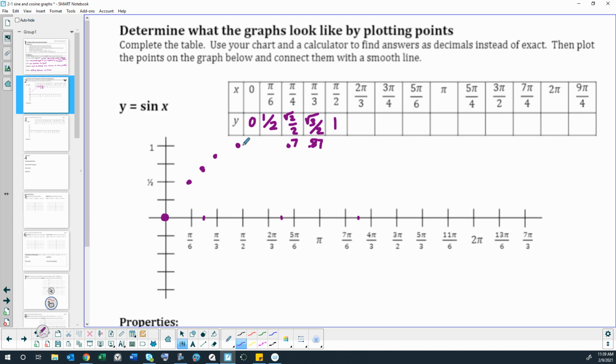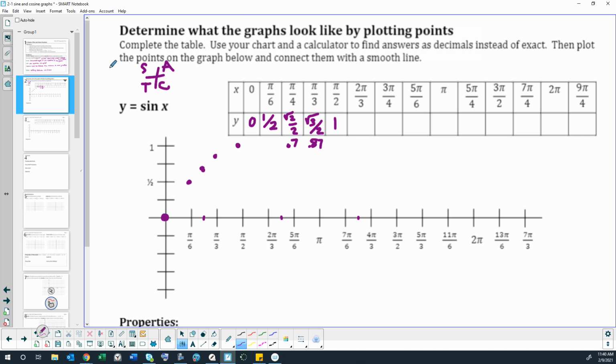Okay, so there we are, 1/2 and 1. All right, remember our little All Students Take Calculus. What happens to our sine values in quadrant 2? Are they positive? Are they negative? All Students Take Calculus. Sine is the x value.